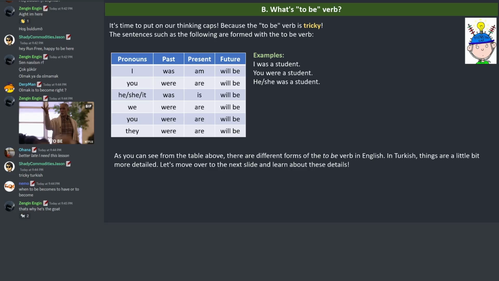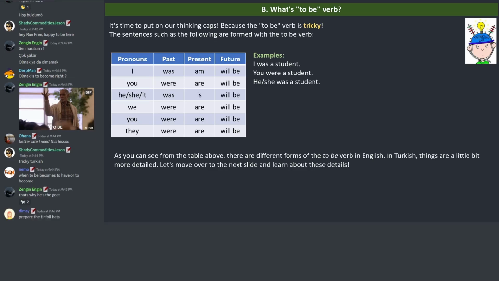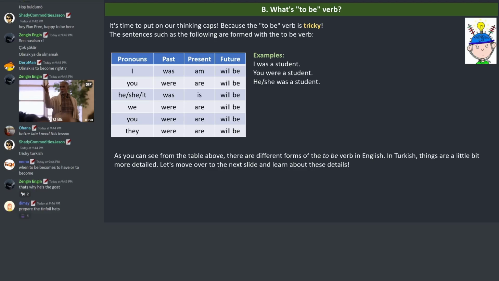So in the most simple way, it's basically I am, or I was, or I will be. Like I was a student, you were a student, he, she was a student. Or with a different pronoun, we have we, for example, we were, we are, we will be.